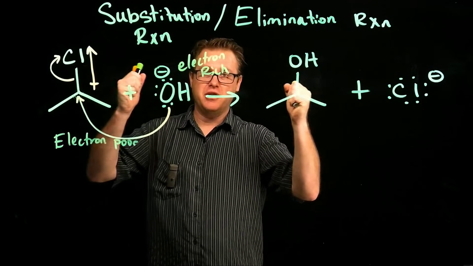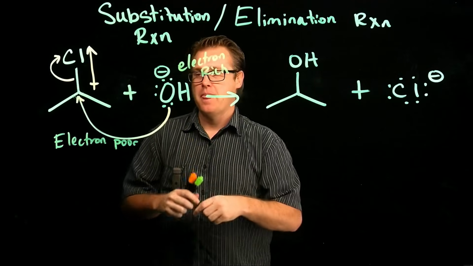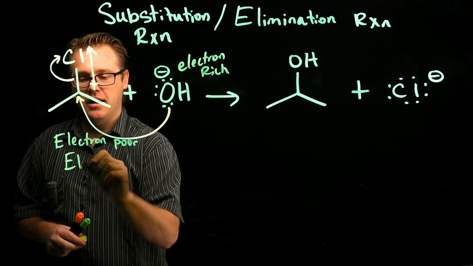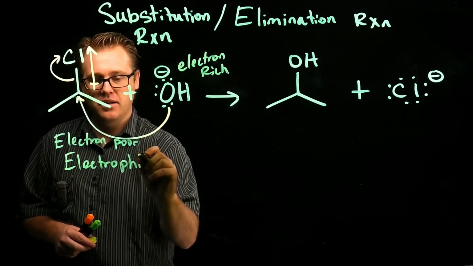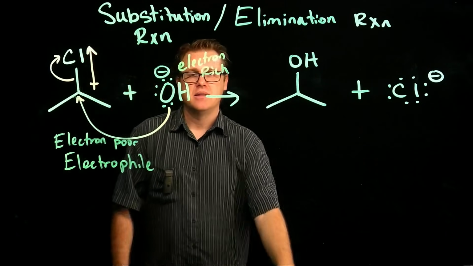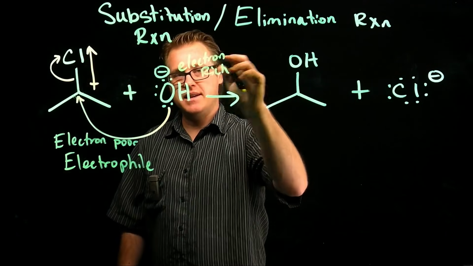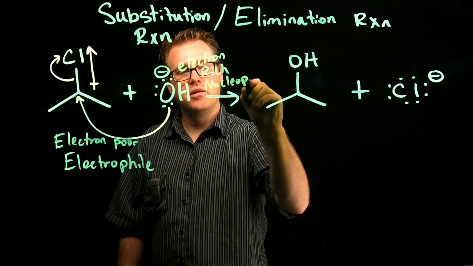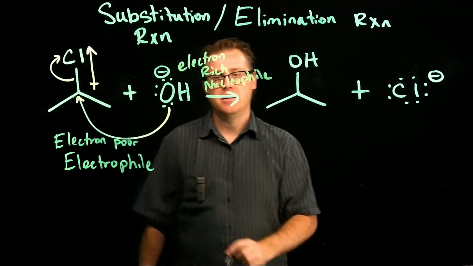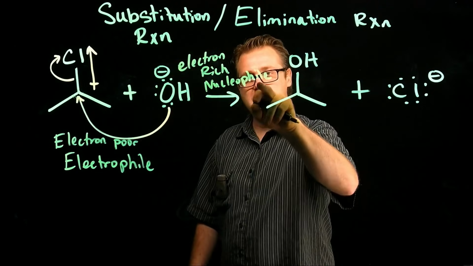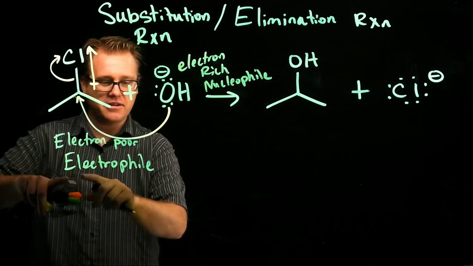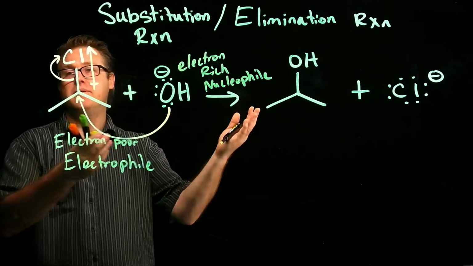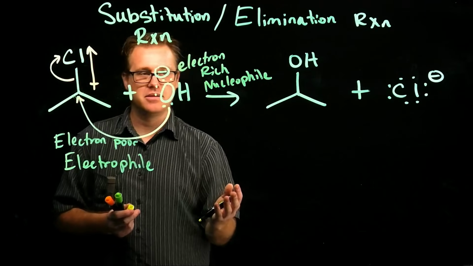Electron-rich is going to be attracted to electron-poor. And when we have an electron-poor site, we call that the electrophile. And when we have an electron-rich species, we can call it a nucleophile. Remember, nucleus-loving. What is an electrophile? Electron-loving. Electrophiles love to accept electrons.